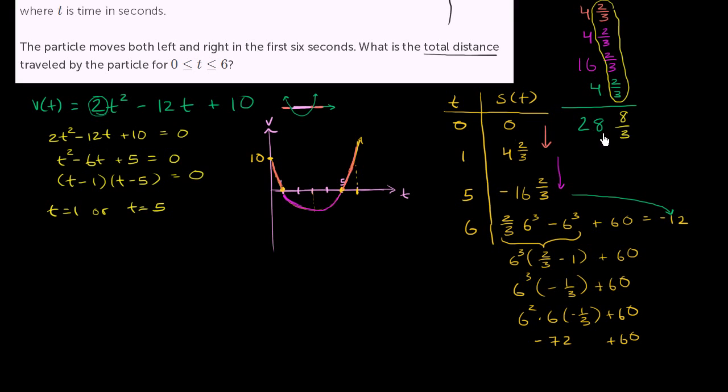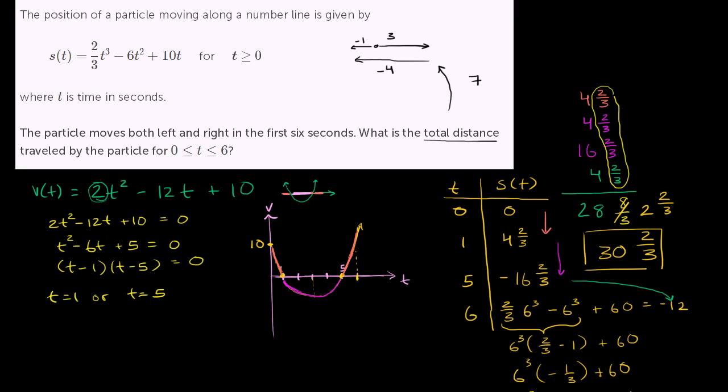So 28 and 8/3 is a strange way to write it, because 8/3 is the same thing as 2 and 2/3. So 28 plus 2 and 2/3 is 30 and 2/3. So the total distance traveled over those 6 seconds is 30 and 2/3 units.